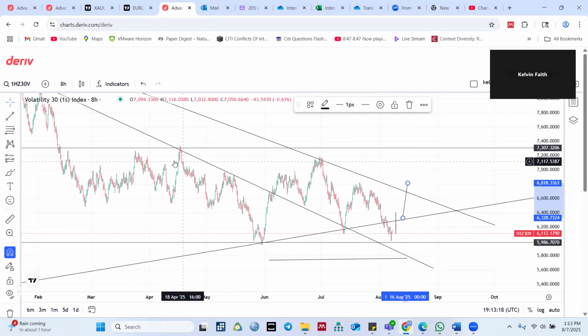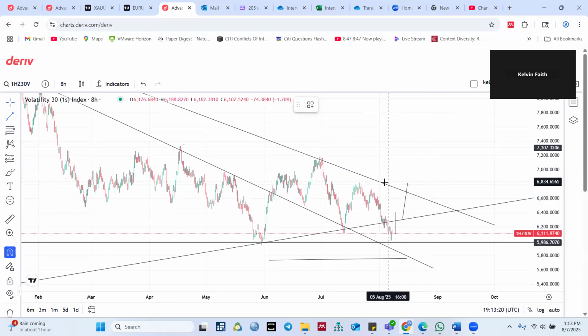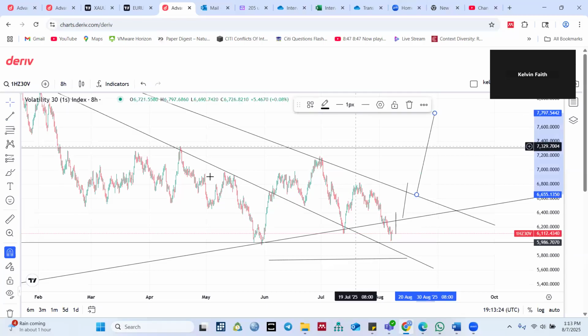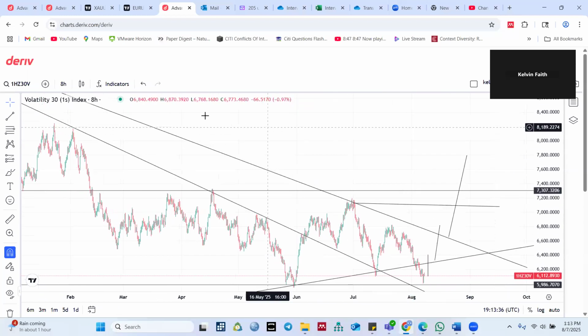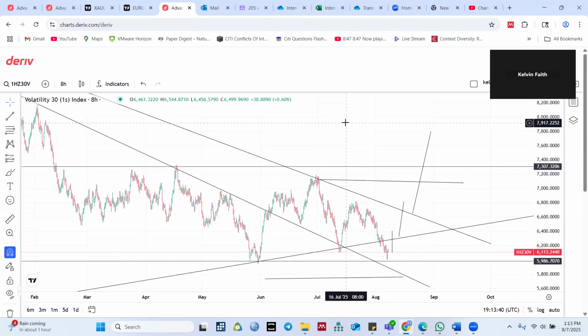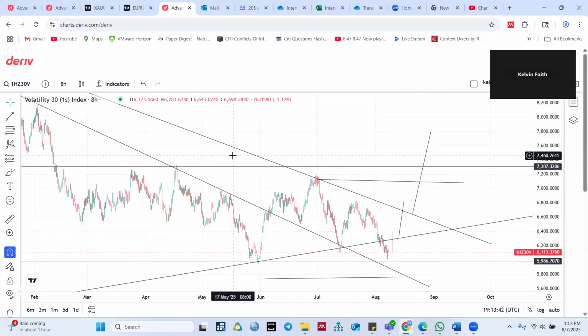And if we break above that too, then we are likely to go up. And the moment we are breaking above this high that we identified already, it means we are getting a second break of structure, and therefore this whole downward trend has changed to an up trend.